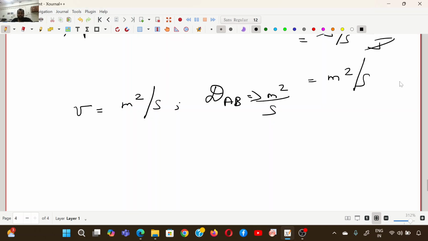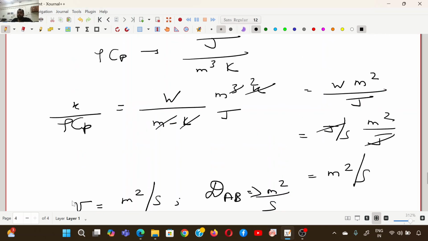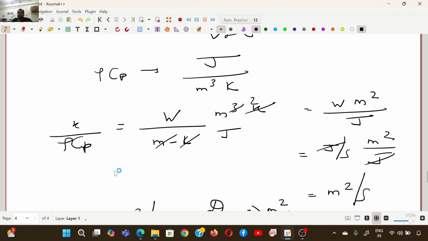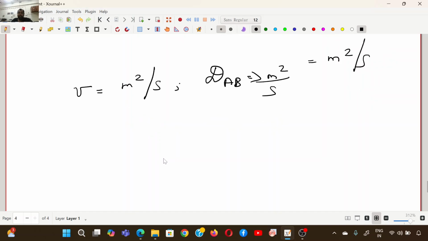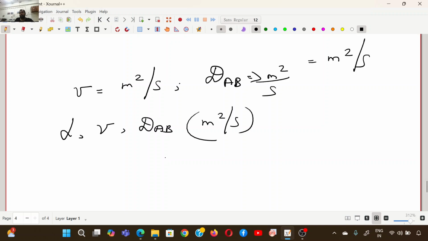Each of them has a corresponding diffusivity. It is kinematic viscosity in case of momentum transport. It is thermal diffusivity in case of heat transport. And similarly, there will be a binary diffusivity term in case of species transport. So alpha, nu, and DAB having units of meter square by second.